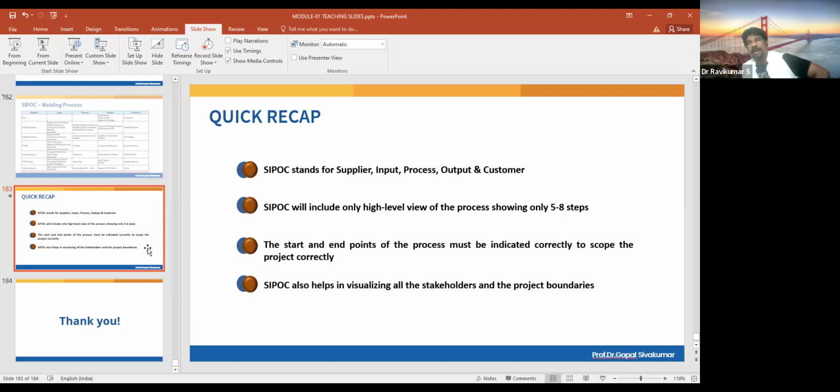Either you can go by defect Pareto, which relies on numbers, or you can go by stratified Pareto, which helps you understand the problem to the root level, or you can go by weighted Pareto, which multiplies the numbers by the cost, so that you can see the impact of the cost of the particular problem. Then finally, you are able to arrive at a prioritized list of problems which you have to choose and work on. Always remember, if you solve 2 or 3 problems, you'll be able to bring down the inefficiency by 80%.